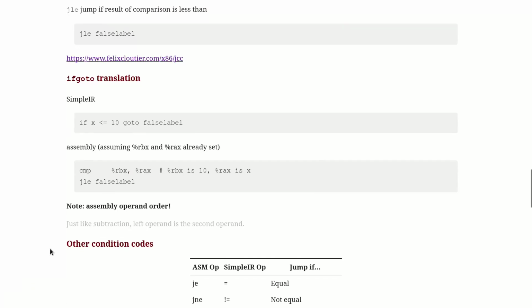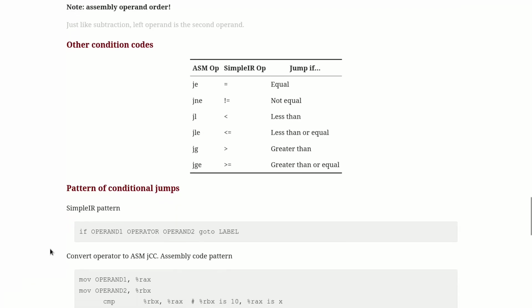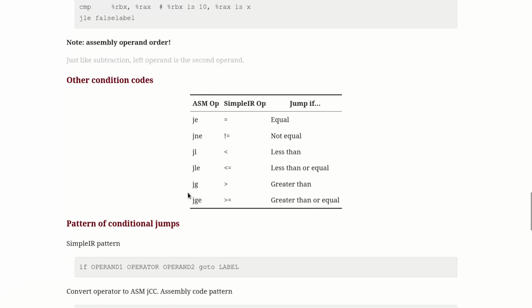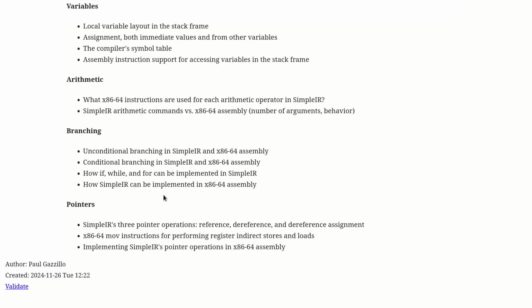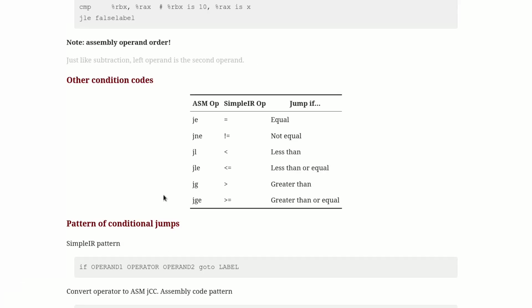Just remember that you do CMP for compare, and then pick whatever jump command corresponds to the condition that you'd like to test for. If RAX is not less than RBX, should we flip it? Yeah, you would just invert the condition. But SimpleIR doesn't have a not relational, right?